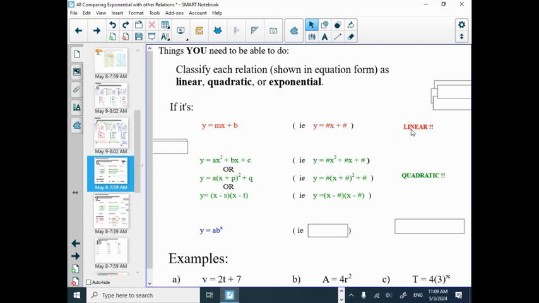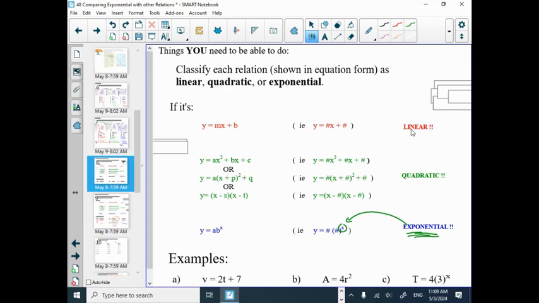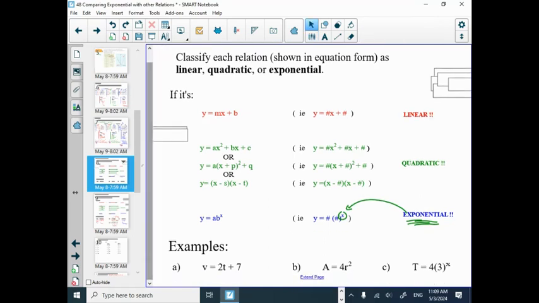Letters other than x and y, that is. And then in this one, that's obviously exponential, right? We got number times number to the power of x. That's an exponential, literally because the variable is in the exponent. There's an exponent in quadratic, right? But it's not the variable.